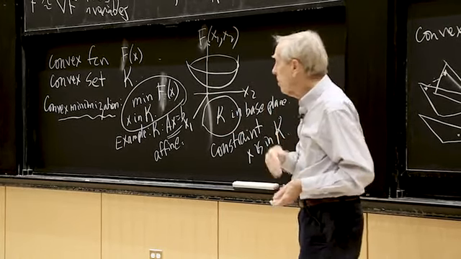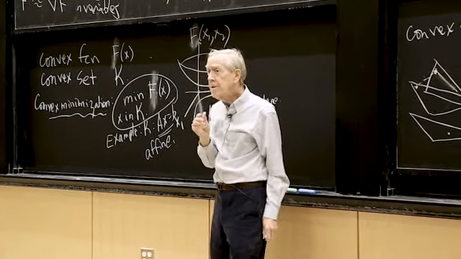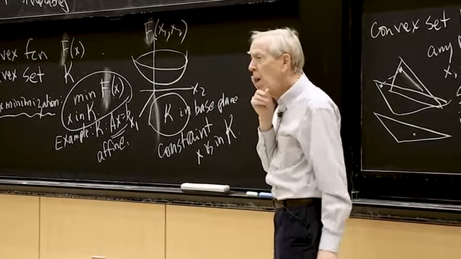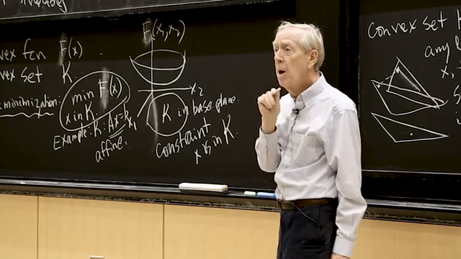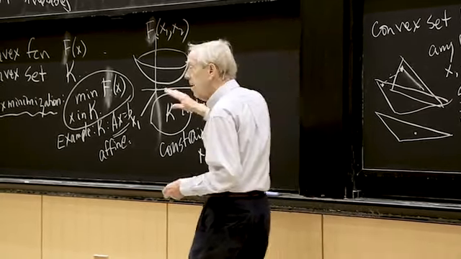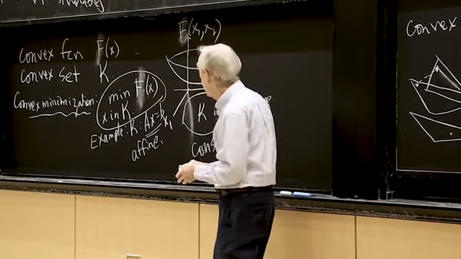No, certainly not. But where is a convex set to be found here in that picture? Yes, the points on and above the bowl, inside the bowl, we could say. These points.